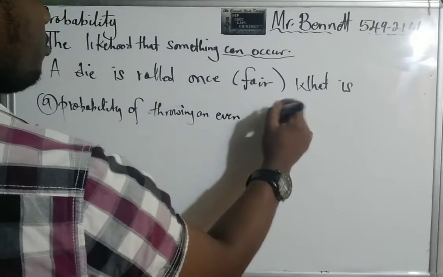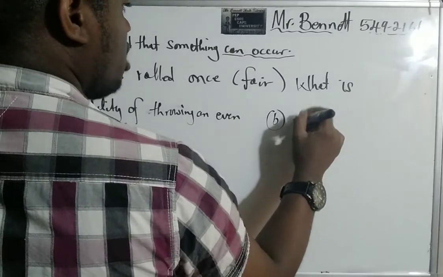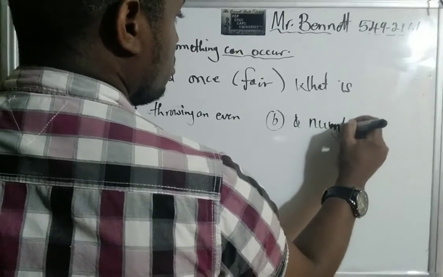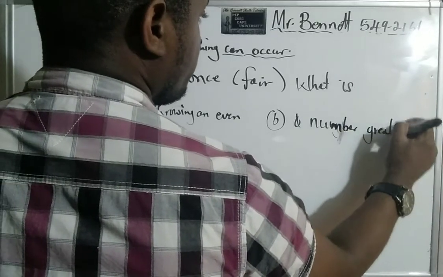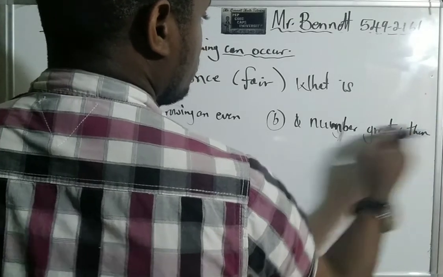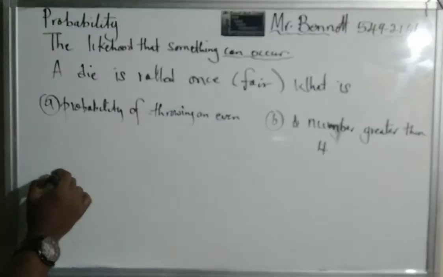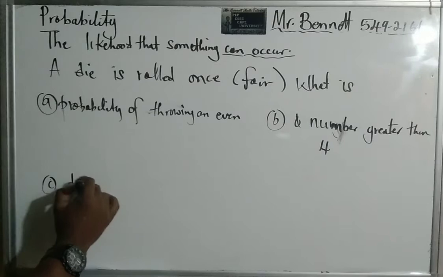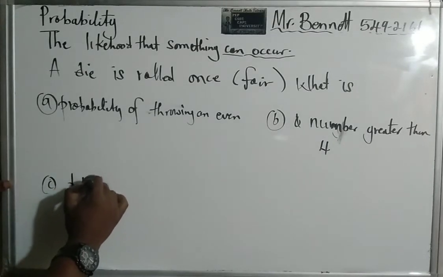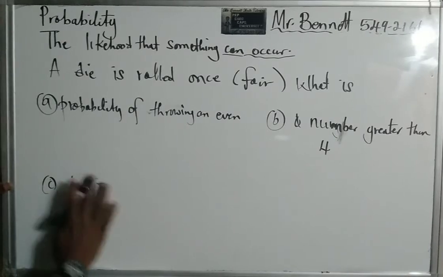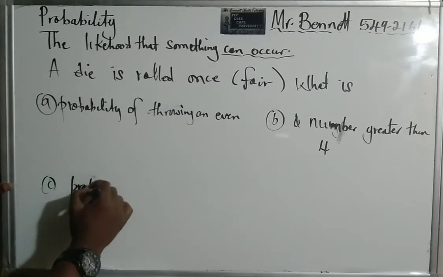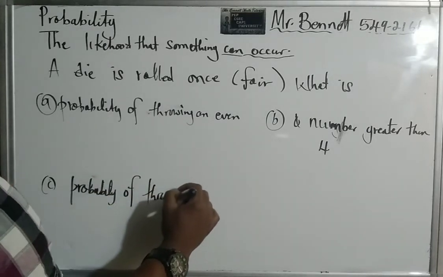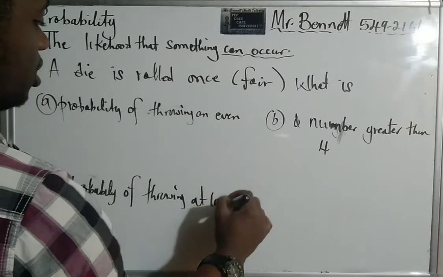We can say a number greater than 4. We can also say the probability of throwing at least 3. At least is the language, you know guys.